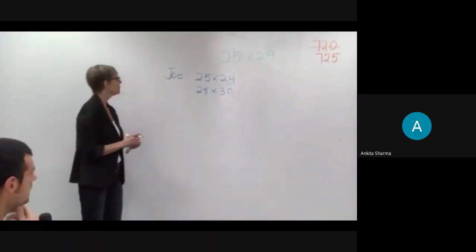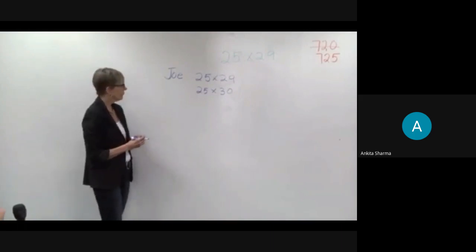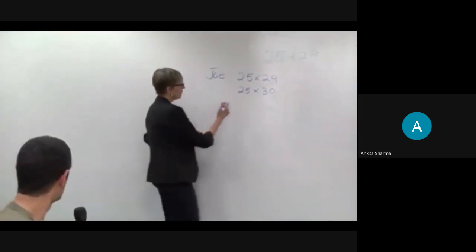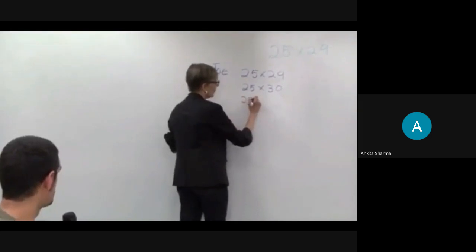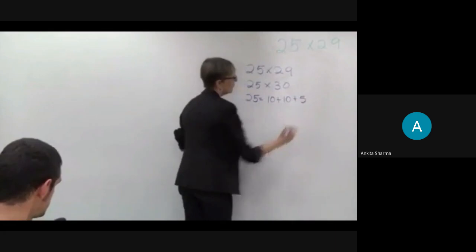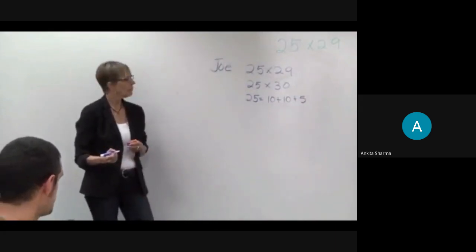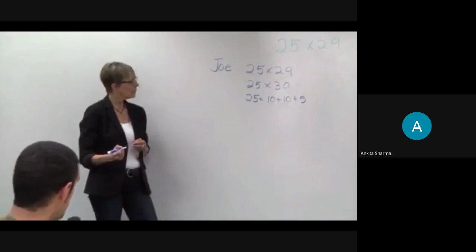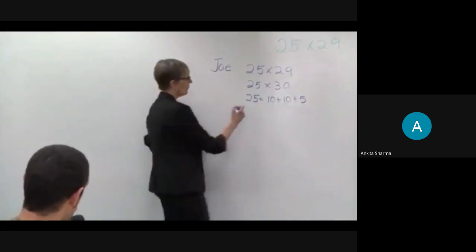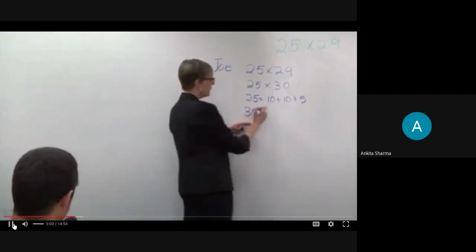And then what I did was I broke 25 up into 10 plus 10 plus 5. So what that does is you can multiply 30 by each of those numbers. So that turns into 300 plus 300 plus 150. So you multiplied 30 times each.